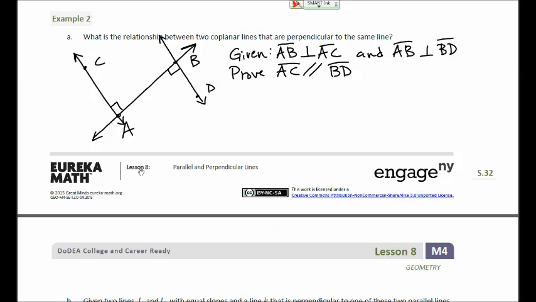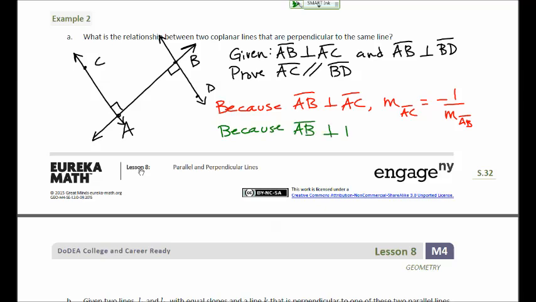So, because segment AB is perpendicular to segment AC, then I know that the slopes will be negative reciprocals of each other. So the slope of AC is equal to -1 divided by whatever the slope of AB is. That's also true for AB and BD. Because AB and BD are perpendicular, the slope of segment BD must be -1 divided by the slope of AB.